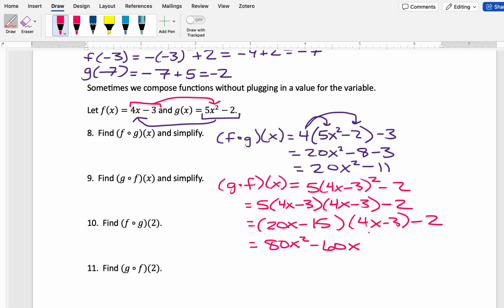For the inside, 15 times 4, I also get minus 60x. And for last, I get plus 45, negative 15 times negative 3. And then don't forget this minus 2 that we've just been bringing along. So finally, combining everything together, we have 80x squared minus 120x plus 43.